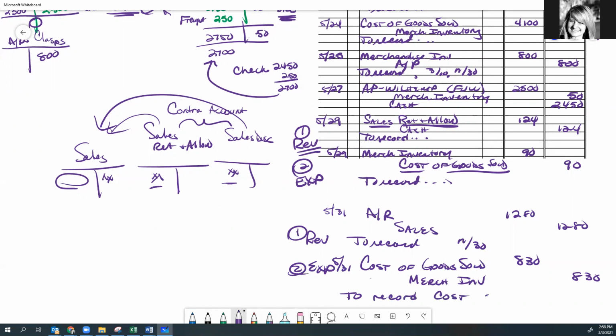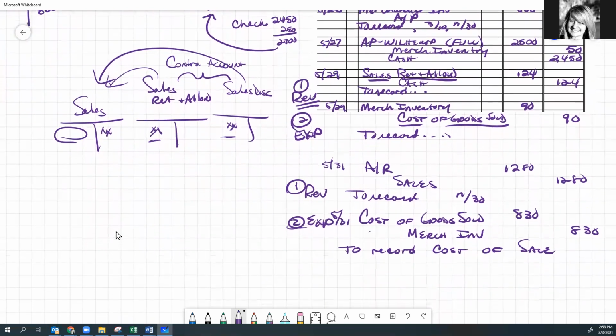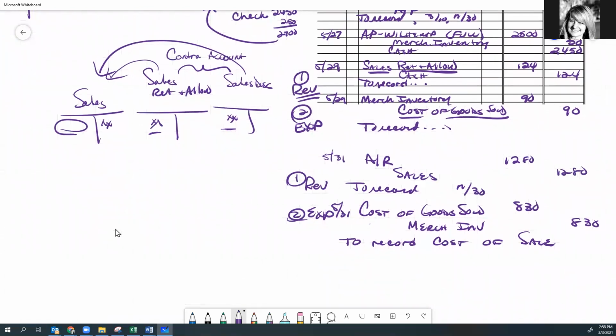Now, I'm going to make up a transaction because we have not covered it and it's important to cover it. I'm going to assume that with this sale, our customer called us and said we sent a slightly different quality than they had ordered, and they would like a cost reduction.